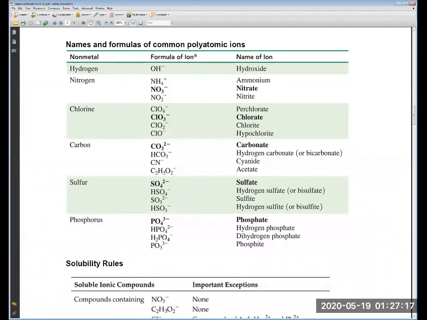Ammonium is different also. This one you kind of have to remember that it's a polyatomic ion. All the others end in ate or ite, except cyanide. Cyanide, CN -1, is a polyatomic ion, right? So these two, hydroxide and cyanide, end in ide, and so these are not monoatomic anions.